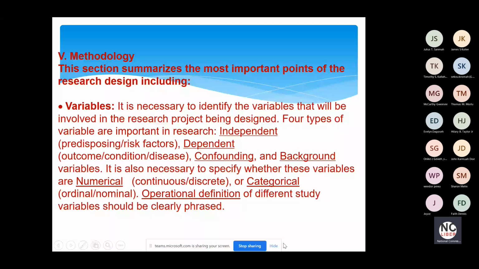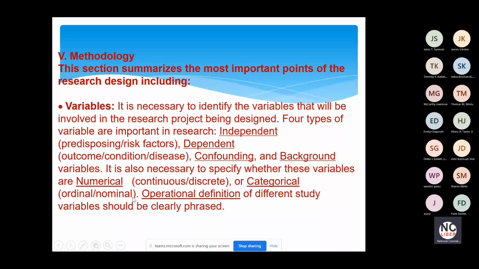In the methods, it is important for you to specify whether the variables are numerical, whether they are continuous or discrete variables, or whether they are categorical variables, whether they are ordinal or nominal variables.